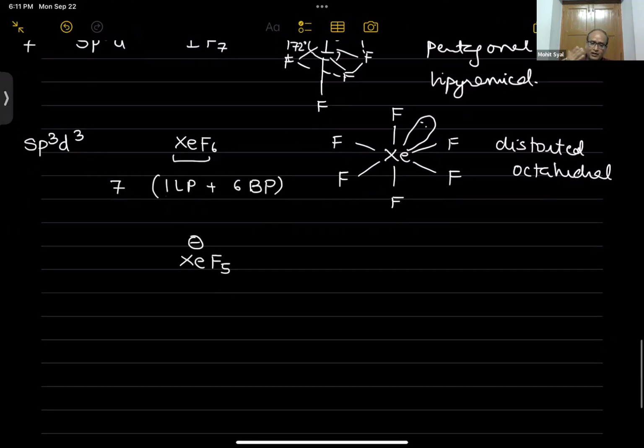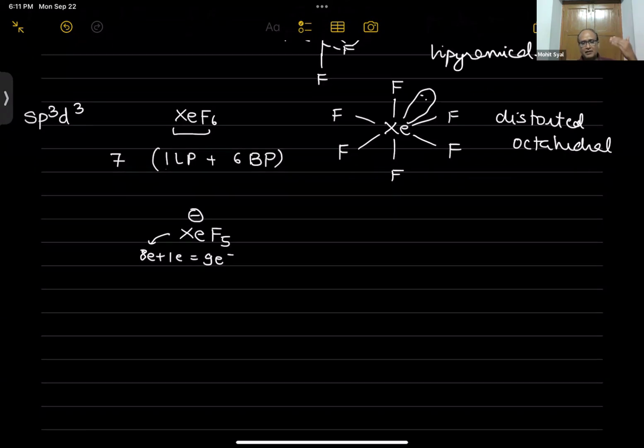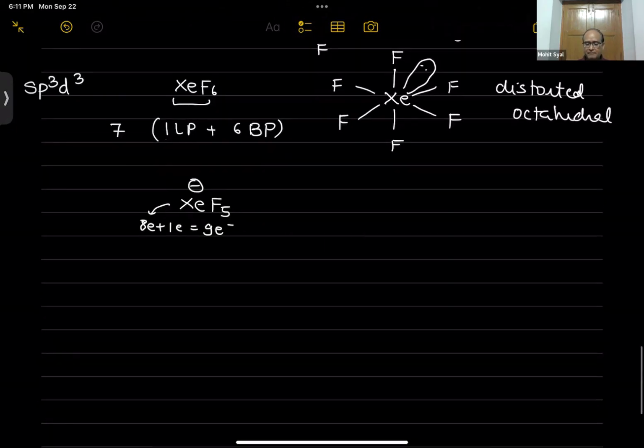How many electrons are more than the normal number? One electron extra. So total electrons are 8 plus 1, 9 electrons on the xenon. If you have minus, put that many extra electrons, equal to the number of negative charges. If you have plus, then remove that many electrons, equal to the number of positive charges. Got it?